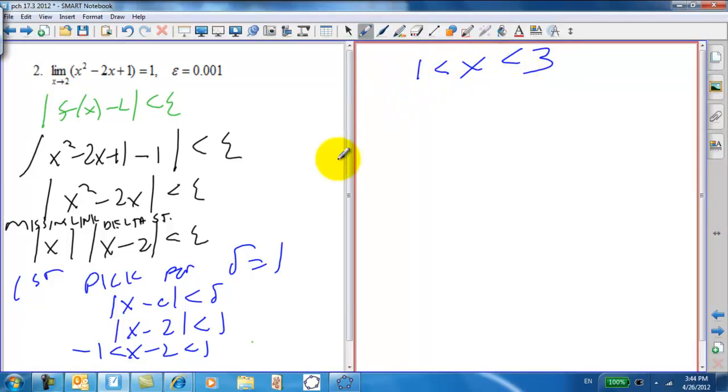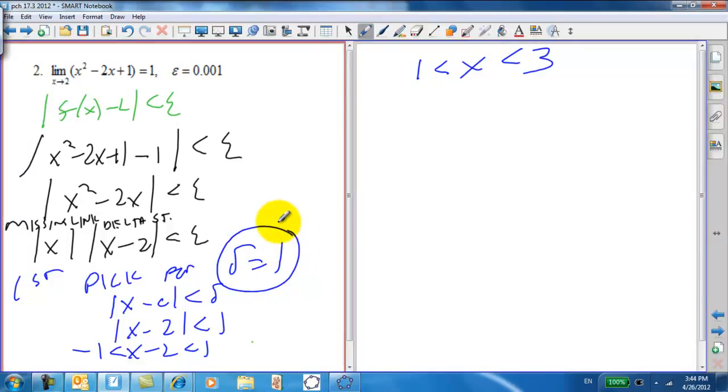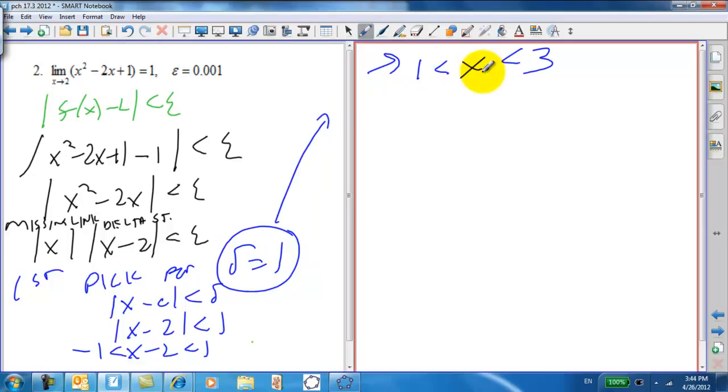Now some kids go right to this. When they pick delta equals 1, they go right to this statement because they understand the concept. You want to get within 1 of what x is approaching. Within 1 of 2 is between 1 and 3. So you don't have to go through all those absolute value analysis. If you just want to go to that, I'll understand what you're doing. I'm going to keep doing it, though, until people get the hang of it.